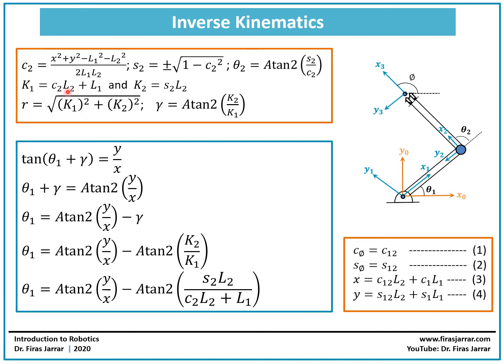So I replace them back with the original formulas. k1 was cosine theta 2 L2 plus L1, and k2 was sine theta 2 L2. So this is k2, this is k1, and now we have theta 1 on the left side. Everything on the right side is known. y is known, x is known, theta 2 is known. So that's it. We got theta 1 now.